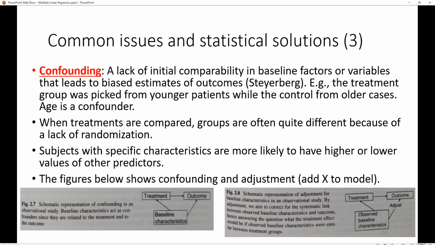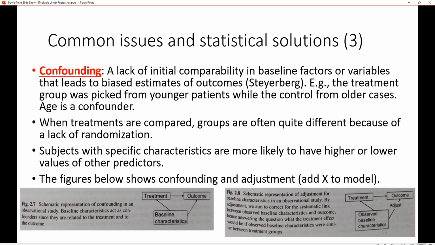Another issue is confounding, and that's a lack of initial comparability in baseline factors or variables that leads to biased estimates of outcomes. For example, the treatment group was picked from younger patients while the control group from older cases. Age is a confounder.